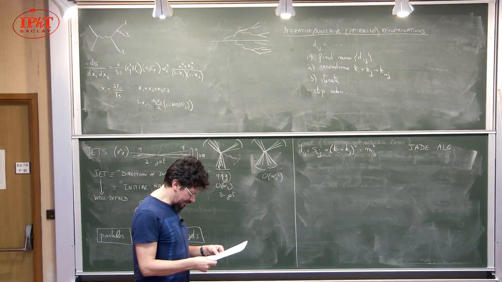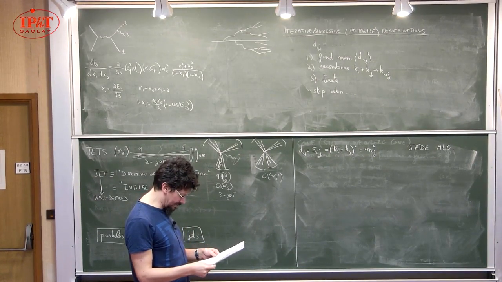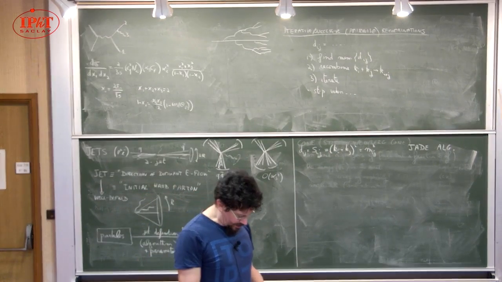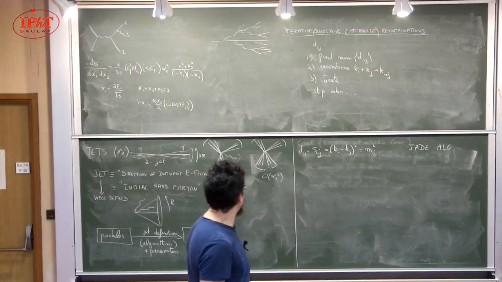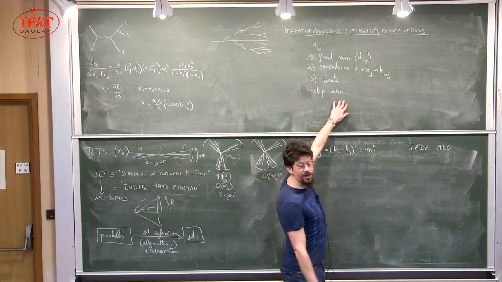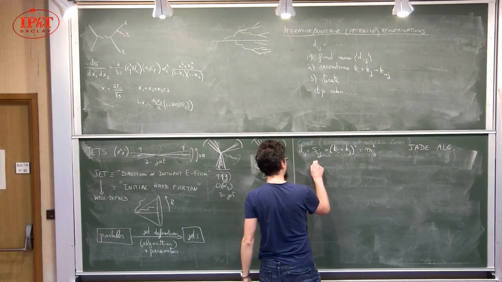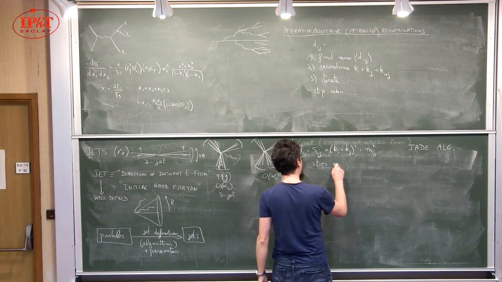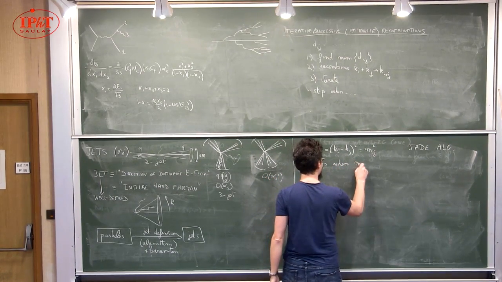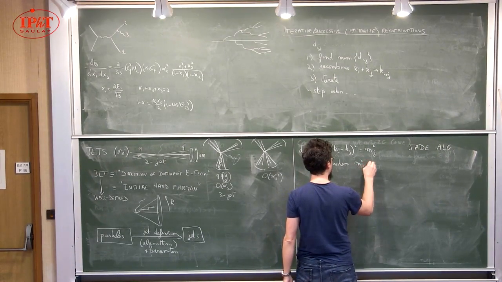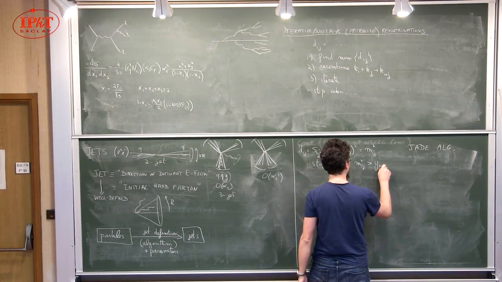Let me check if I forgot anything here. No, this seems about okay. All right, so what you need on top of this is, I've defined my distance, now I need to tell exactly when to stop. So what I'm going to do is say stop when the mass I'm getting is bigger than some cut.